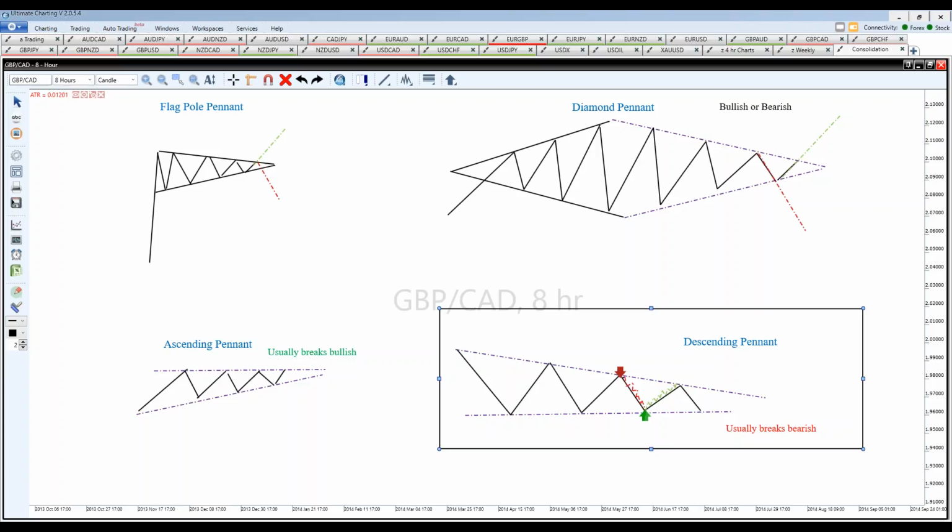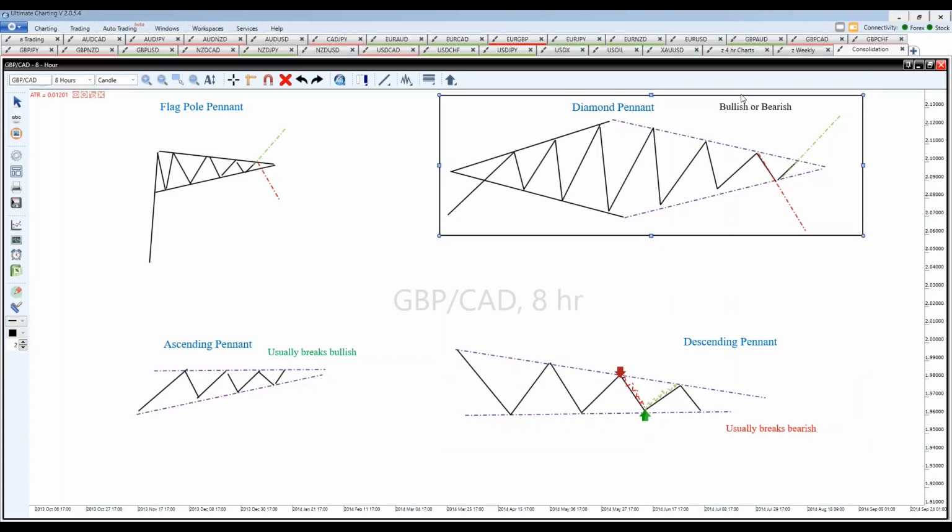And last but not least, we have the diamond pennant. Now, the diamond pennant takes place as the market starts to bounce between support and resistance, but first on an expansive move. So the range of the bounce starts by expanding, and then it starts to contract again.